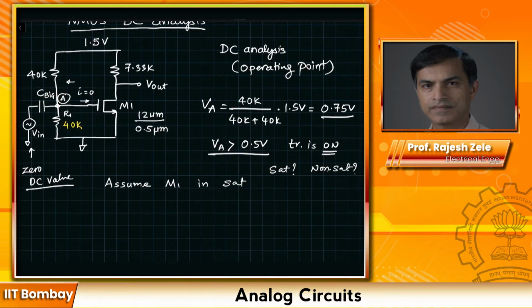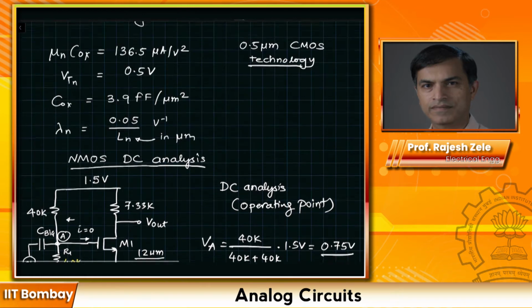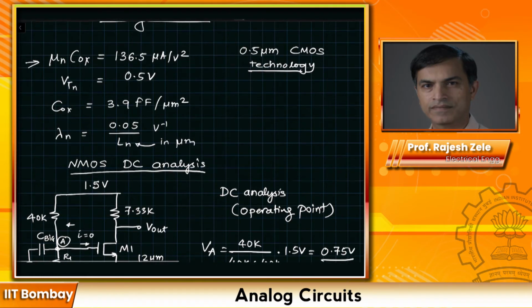Now you have to remember the equation for the saturation region, which is IDS is equal to mu n Cox divided by 2 W by L (VGS minus VTH n) squared. We already know from the previous page the mu n Cox value, and we know the VTN value, and we know the lambda n value.